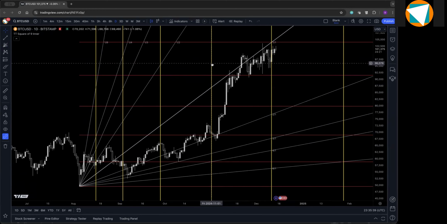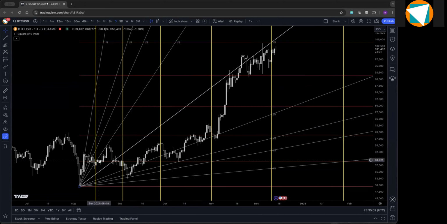You can see how the yellow lines are getting further apart. You can see how the red lines are getting further apart. That's because the spiral is expanding. It's expanding outward. Every new ring around the square of 9 is longer than the prior one. That's why these lines are further apart, okay?